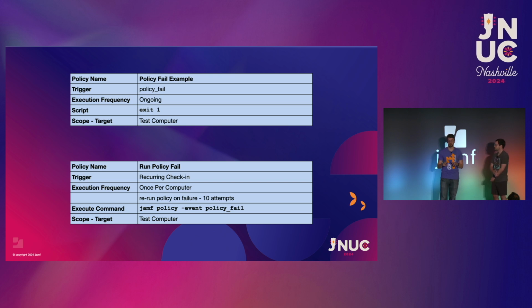And then we execute the command jamf event policy fail and scope it to our test computer. So our second policy runs the first policy, that fails. And if the second policy fails, it's going to try again on recurring check-in. Here's the question. How many times does the second policy run? Any guesses?